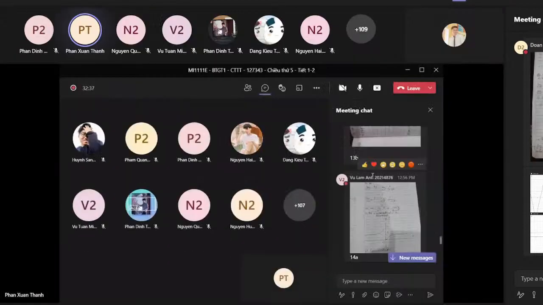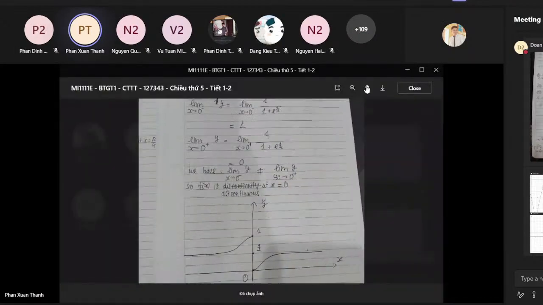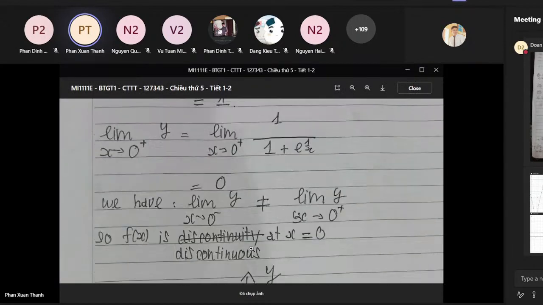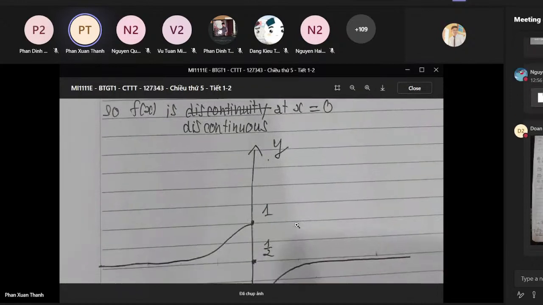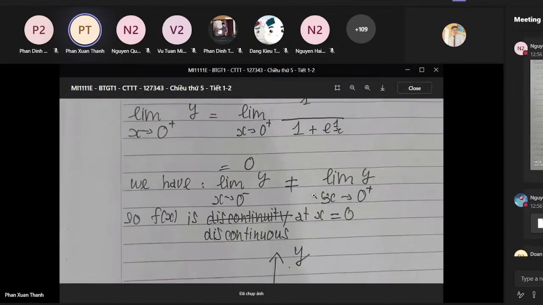Okay, I will show you here. So this one is 14A. Okay, what about the other at H0?